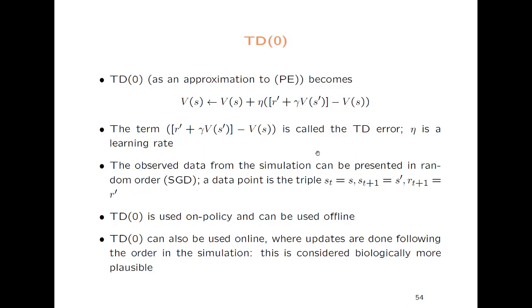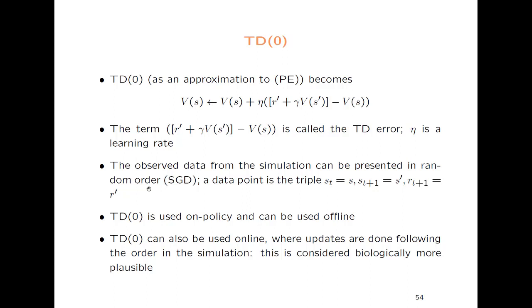Actually, in training, we can also randomly change the order of the observations. So we can do stochastic gradient descent, because the data point is really the triple: the state at t, the state at t plus 1, and the reward which was actually observed. If you keep that together, then you can train it in random order.